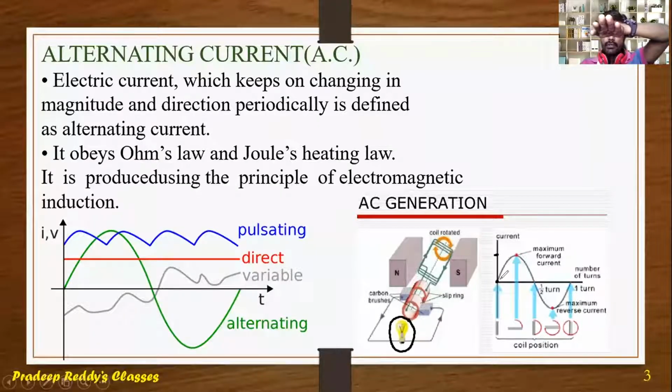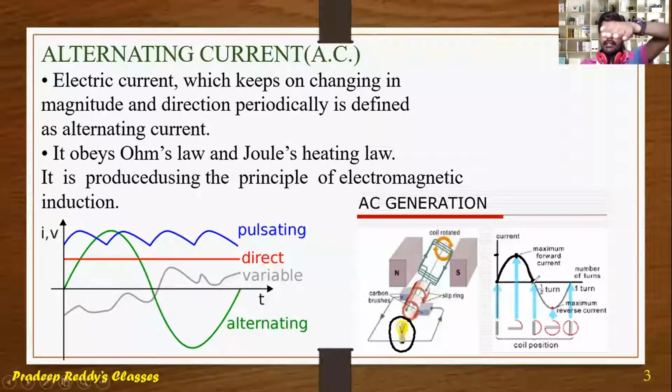As a result, the flux would undergo change. Therefore, EMF is increased to its maximum value, and then it is rotated by one more quarter revolution. Therefore, EMF gets decreased to 0, and then again it is rotated by one more quarter.